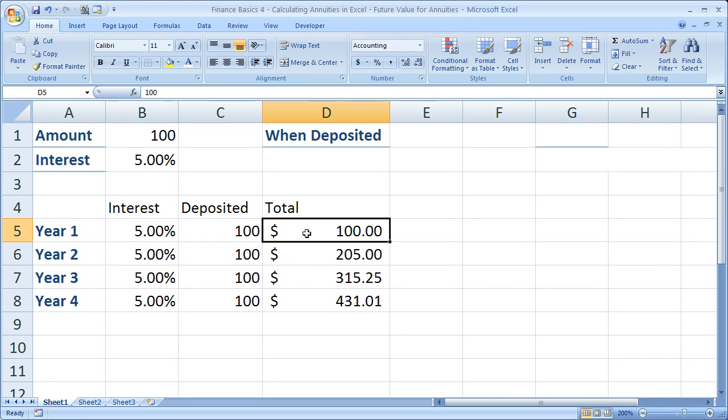But don't forget that you deposit $100 at the end of year 2. So it's 105 plus 100 is $205. It's exactly how this works right here. Simply 5% times $205 plus the annuity payment at the end of year 3, 100, equals $315.25.